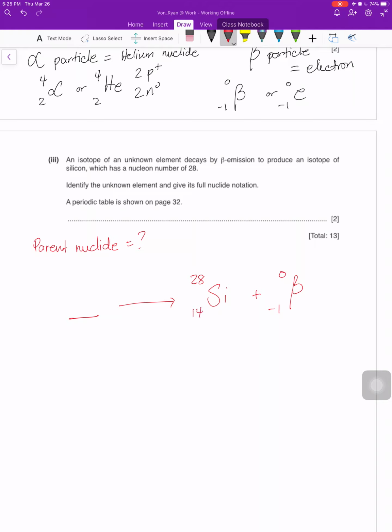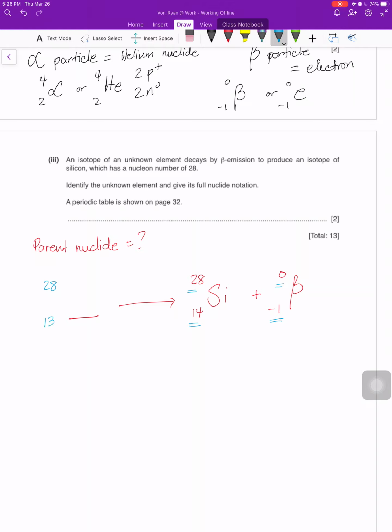So now basically this is just like balancing a normal chemical equation. Since the beta particle doesn't have a nucleon number, for this to be balanced, this should have a nucleon number of 28 as well. Now if you look at this, this is 14 and a -1, so to follow the law of conservation, this has to be 13.